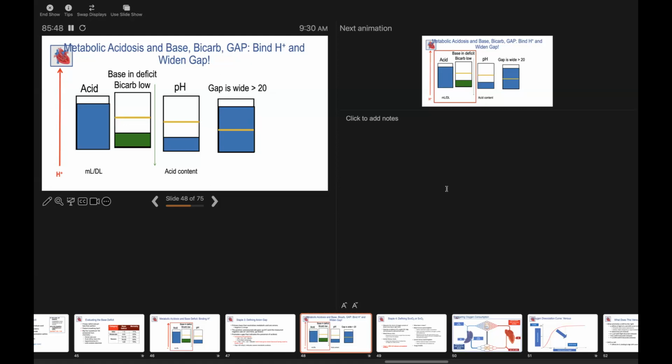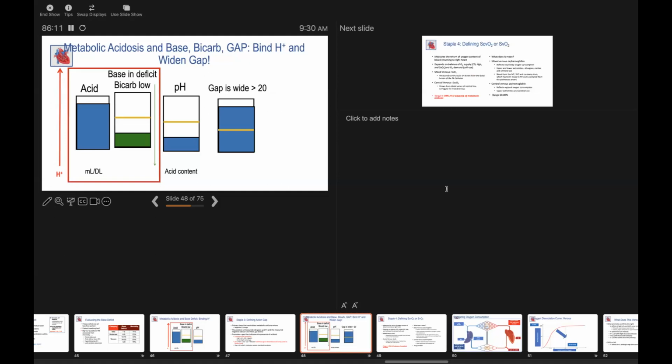AKI, and the last one is high chloride. 4 major events: ketosis, AKI, high chloride, lactic acidosis. Okay, are there other things? Yes, many. But we're gonna remember the big 4 in critical care. Okay, cool. This seems pretty straightforward.